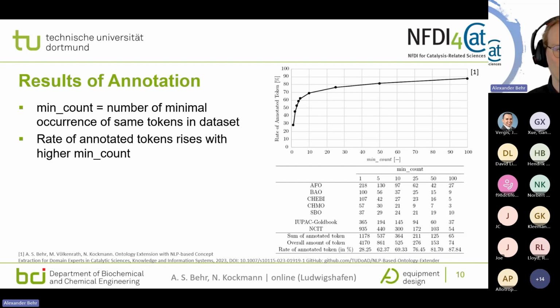You can also see at the bottom here a large table or matrix with, for different min counts, the numbers of tokens that we found as classes in the respective ontologies.